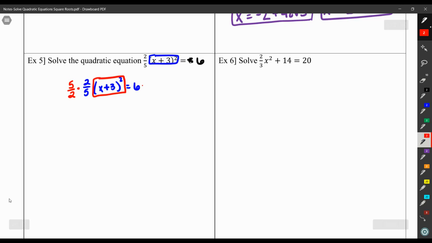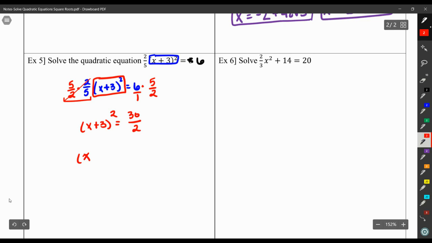So we're going to multiply both sides by 5/2, because 5/2 times 2/5 is still a 1. And 1 times (x plus 3) squared is still just (x plus 3) squared. Equals, so 6/1, 6 times 5 makes 30, and 1 times 2 makes 2. But I can simplify 30/2. So (x plus 3) squared is actually equal to 15.